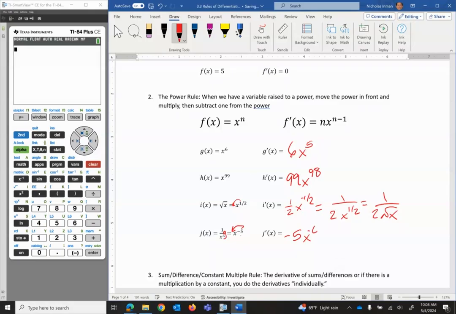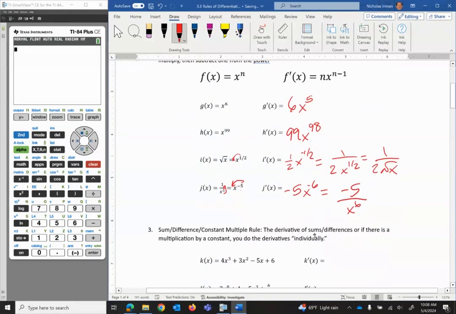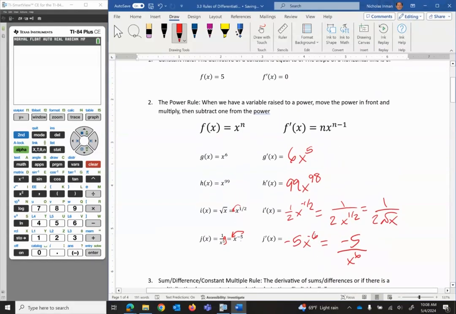Negative 5 minus 1 is negative 6. Here the negative number stays on the top. Negative numbers don't move, negative exponents do. That is our power rule. It makes doing derivatives extremely easy, and we love to do that.